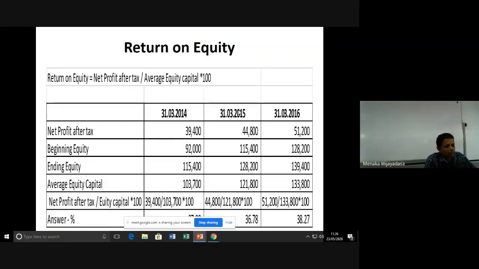But if you take the average figure for the 31 days in January, his average will be very much less than 150,000, because he deposited the money at the end of the month, that is 31st January.